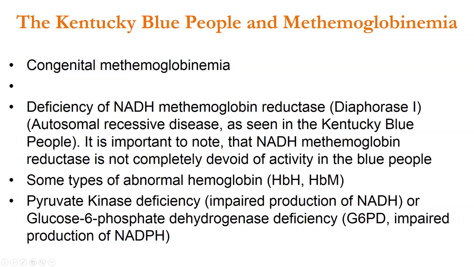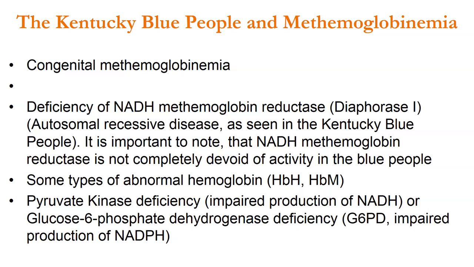Also, sometimes you see this called diaphorase 1, but I like the name NADH methemoglobin reductase because it tells you exactly what it does, and it's more common to see that name used. It's actually a very rare genetic disease. You don't see this very often.